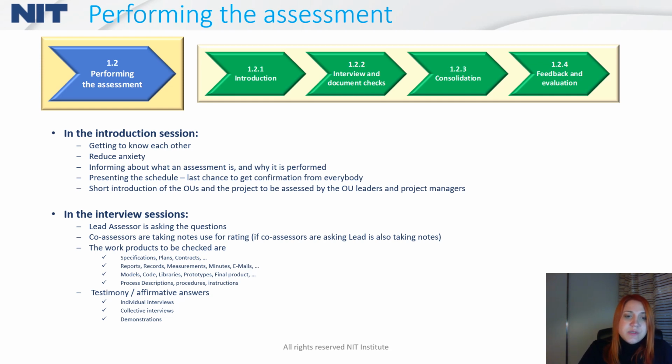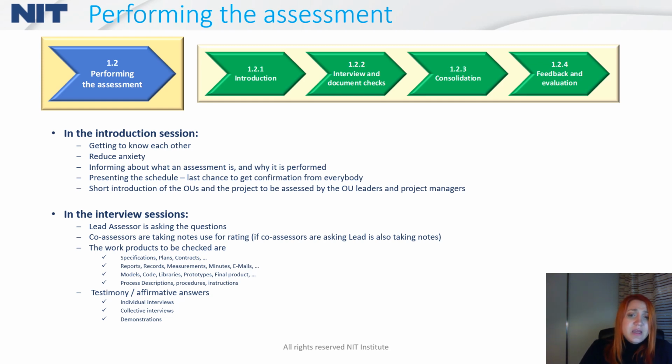Usually the products checked in the assessment are, for example, product documents like technical specifications in the V model, release notes and similar. Then project documents like project plans, strategies, test plans, and similar things. Also, it is possible that the assessor will check reports, records, measurements, minutes of meetings, and also emails.